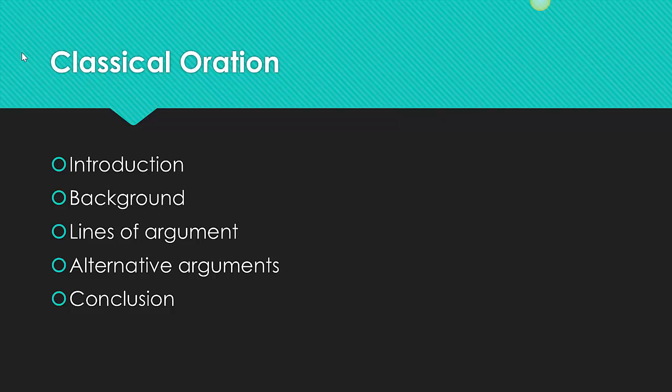The lines of argument, which equate roughly to your reasons, the different pieces of your argument that are going to work together to convince your reader of your thesis. Alternative arguments, where you present possible objections that might arise to your argument, and then of course counter those. And a conclusion that wraps up your piece.